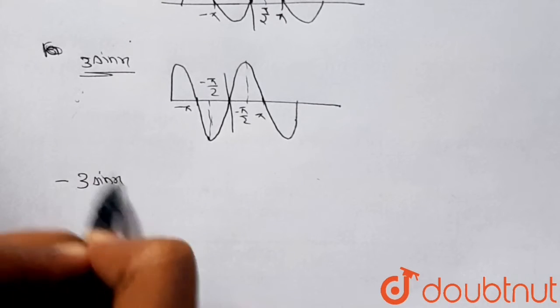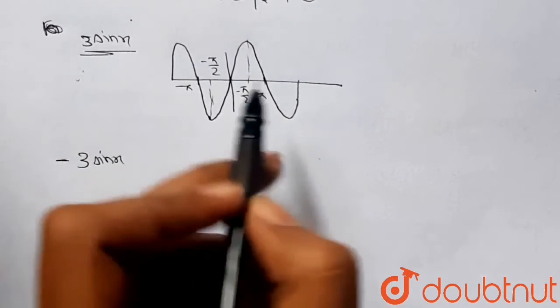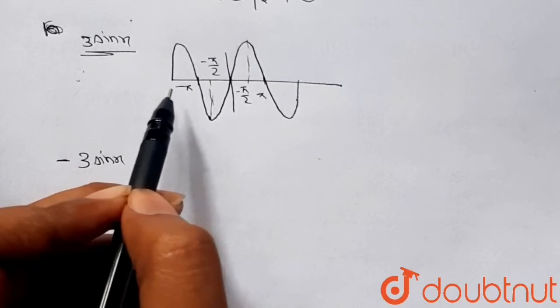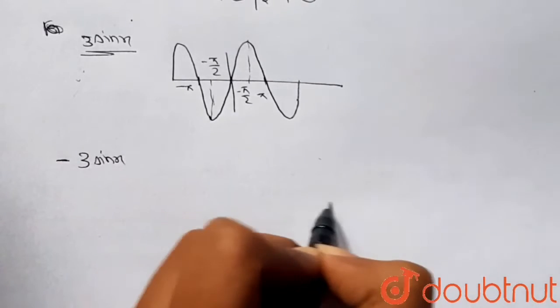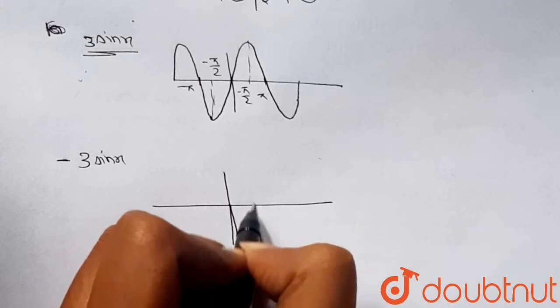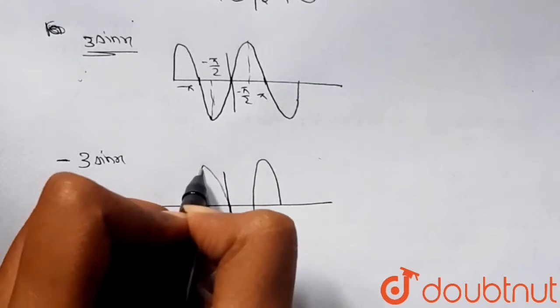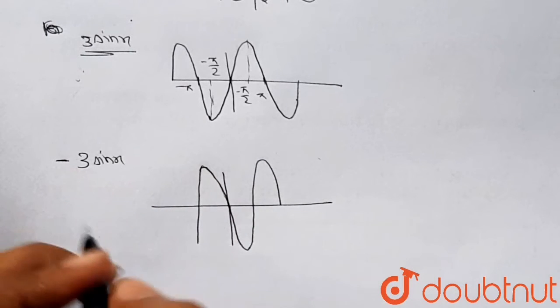Okay, so for the graph of minus 3 sine x, we multiplied a minus sign here, right? So the graph will be flipped about the x-axis, right? So this graph will become like this. It will be flipped about the x-axis.